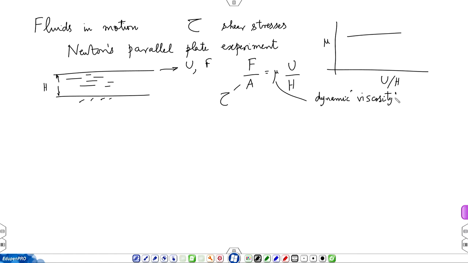So if anybody says viscosity, it means dynamic viscosity. And what is the dynamic viscosity? It's the proportionality constant connecting shear stress with the resultant ratio of u and h. You can't say it's proportional to velocity because h also plays a very important role. U over h. So they go as a combination.